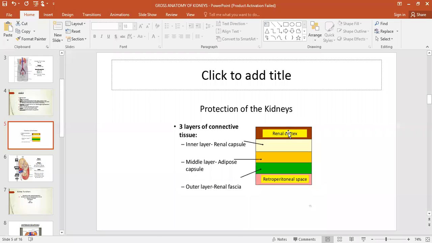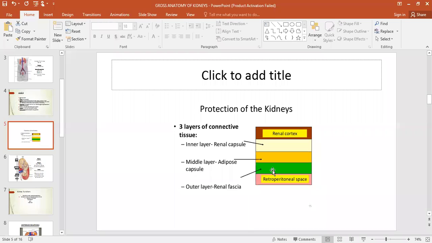We are talking about the kidney. After the renal cortex, there is a renal capsule, which is also called the fibrous capsule, which surrounds the kidney. Then the middle layer, adipose capsule, also called renal fat, which covers the fibrous capsule.